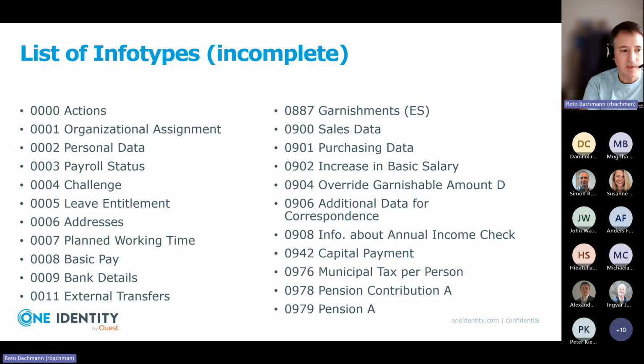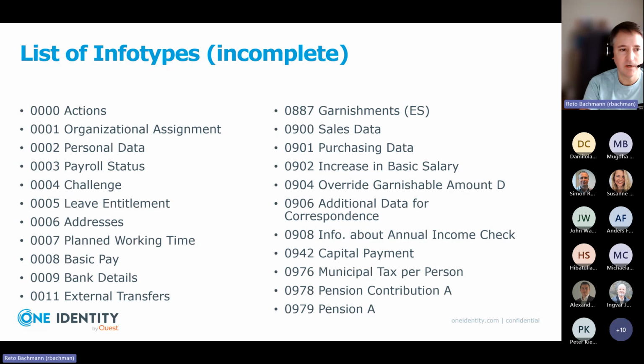So on this HCM side, this type of information has so-called info types. So the most important one for the HCM data we are using is the so-called actions. Action means what the user, or the HR data, is in the end, if the user already joined, for example, if the user is active, if the user is on a leave process. So this in the end reflects in the so-called action info type.